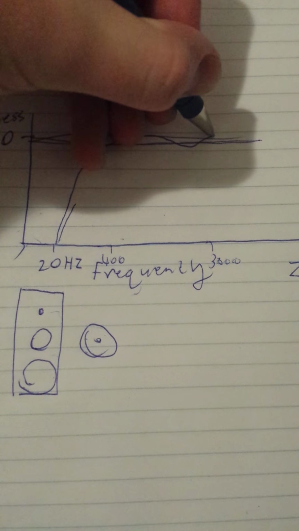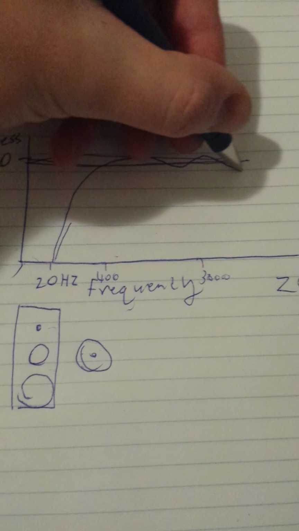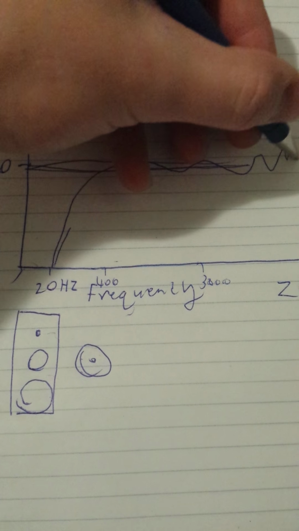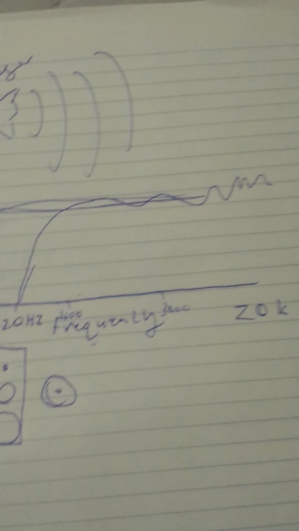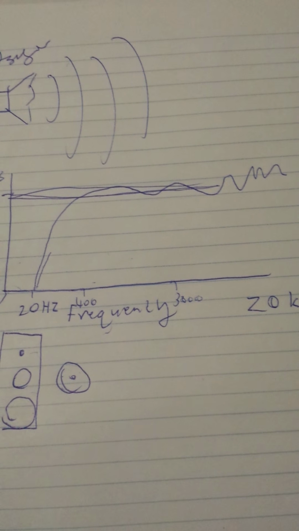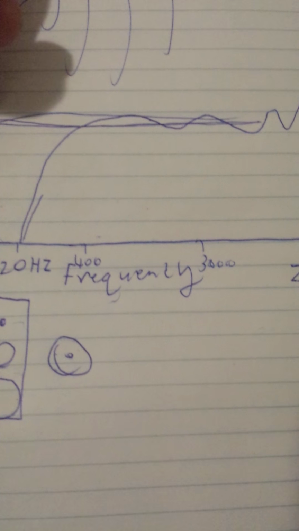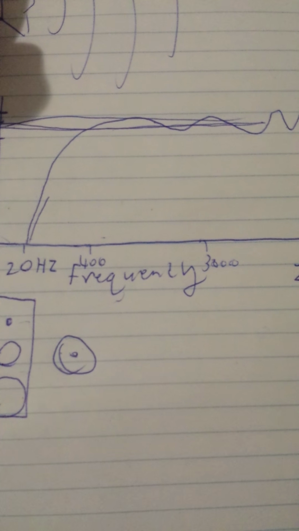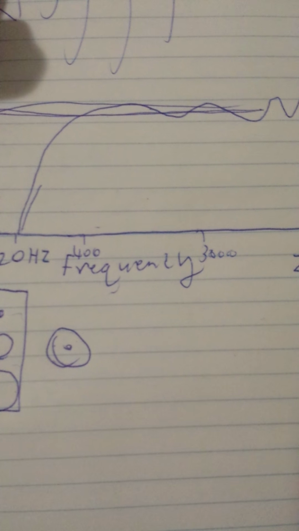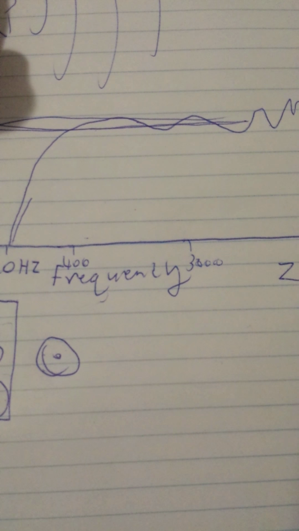Generally pretty flat, but you're going to have some breakup modes in the higher frequencies. And on any decent speakers, the manufacturers will usually say with the sensitivity that it's plus or minus 3 decibels.